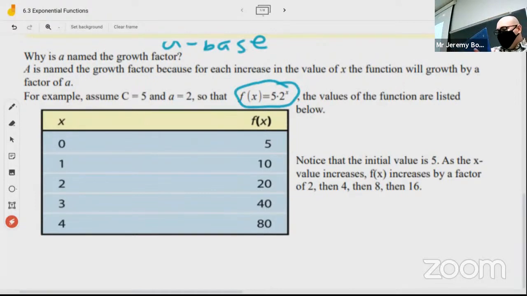What if we wanted to see the other side of it? What's going to be y when x is negative 1? Let's work it out. It's going to be 5 times 2 raised to negative 1. What's 2 raised to negative 1?